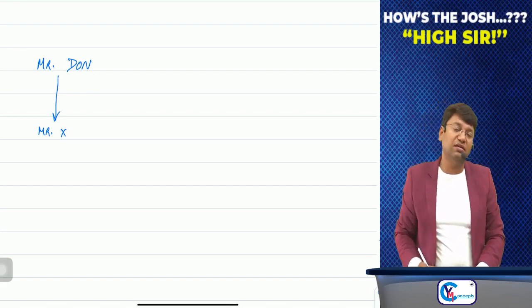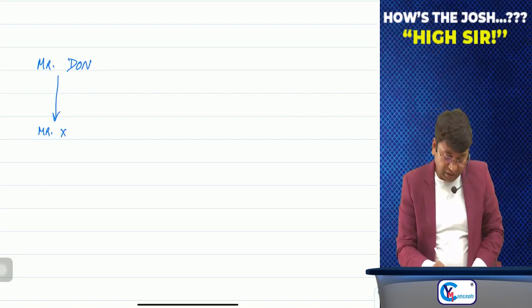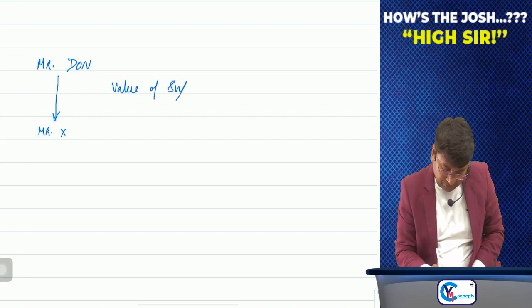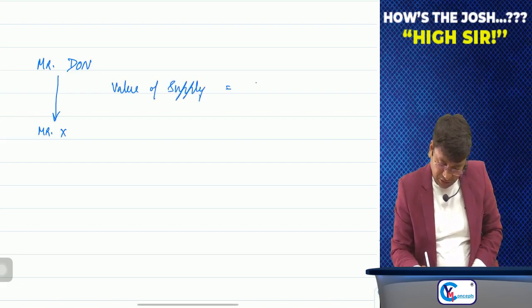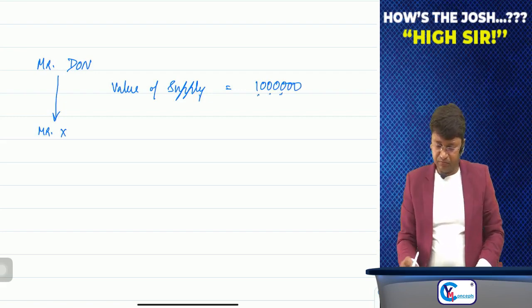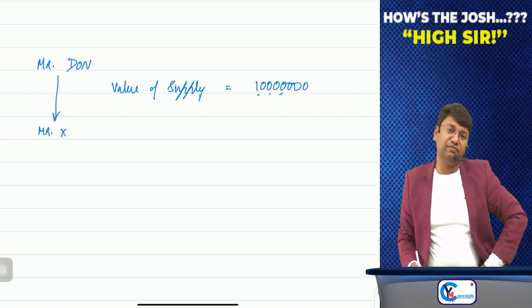Don is located out of India, X is located in India, and suppose the value of supply, the invoice, is of rupees 1 crore. This is the value of supply.